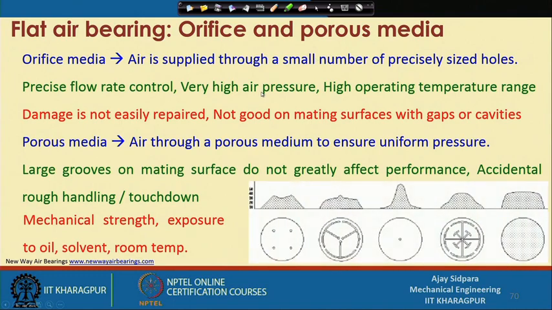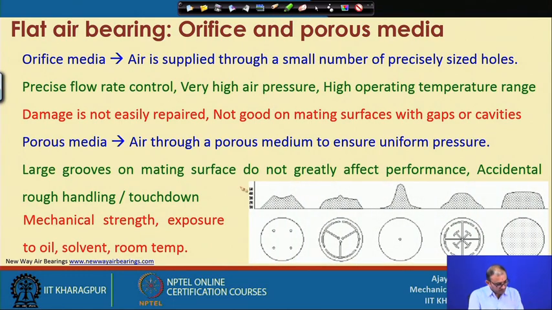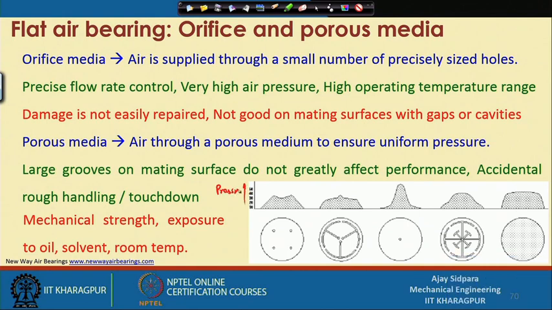Now, you can see this is the profile of the pressure. This is the orifice type, and we are putting 4 orifices only. Now, you can see that these orifices are matching with this particular peak pressure, and between them there is no material available, no space available, nothing is available.